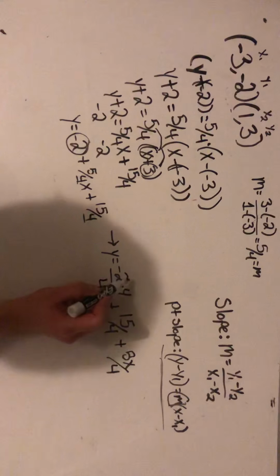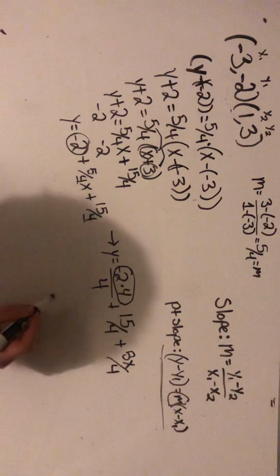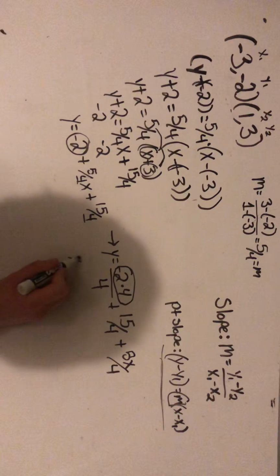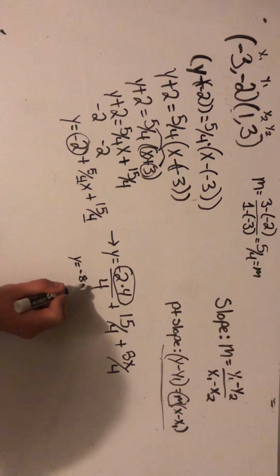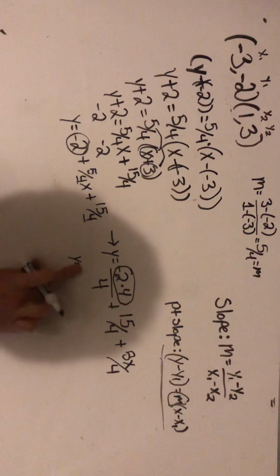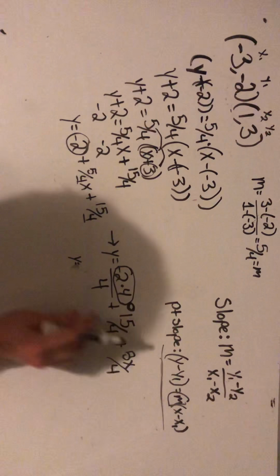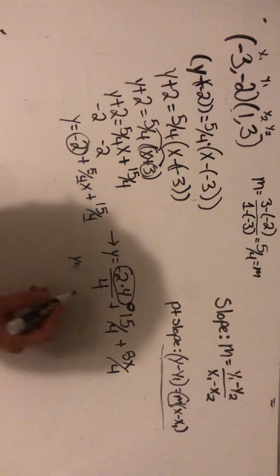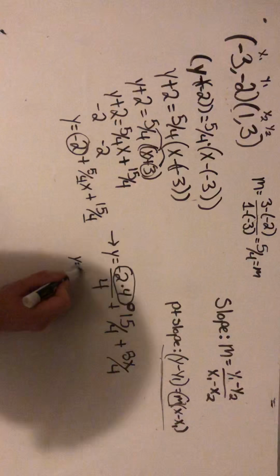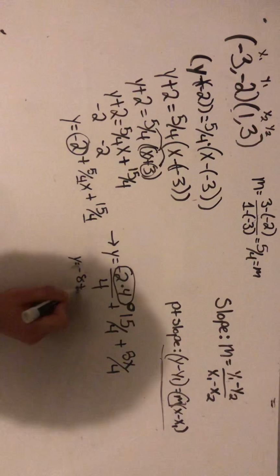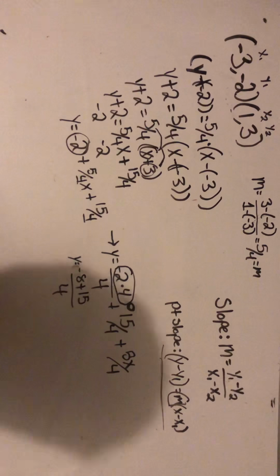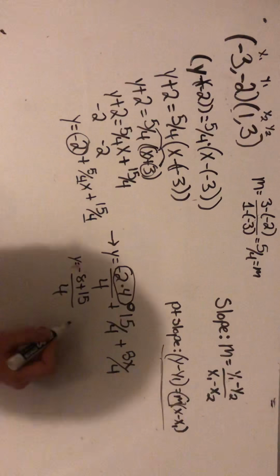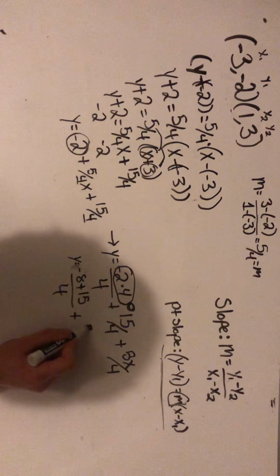Well, actually we are taking these two and combining them. So we're taking y equals -8 plus 15 divided by 4. And then we're finishing off the equation with 5x divided by 4.